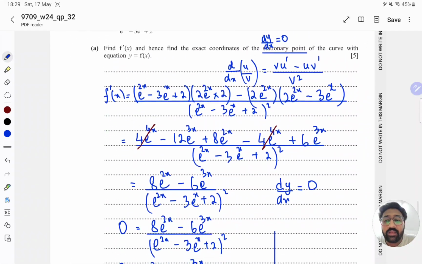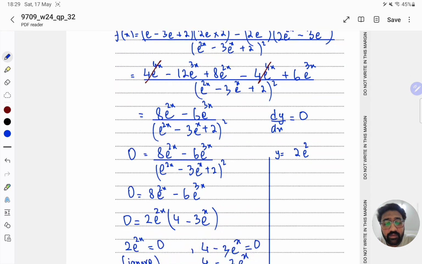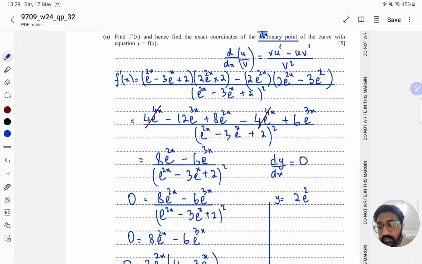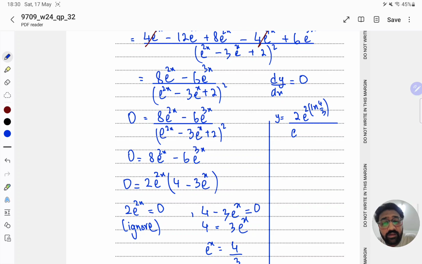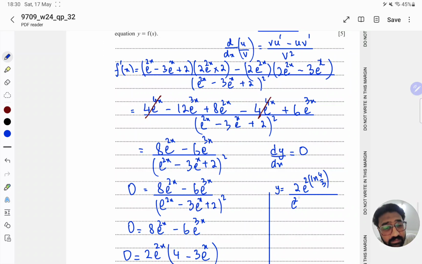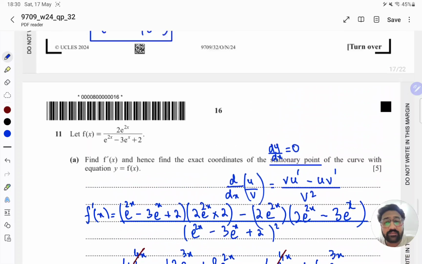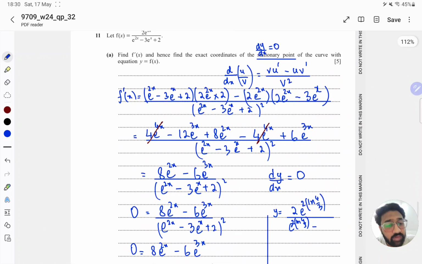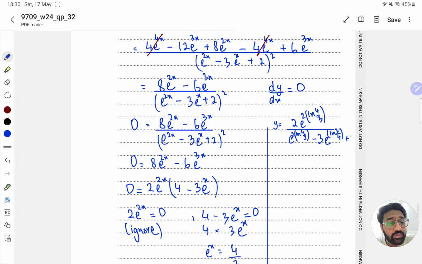To find the y coordinate, y equals 2e^(2 times ln of 4 by 3) divided by e^(2 times ln of 4 by 3) minus 3e^(ln of 4 by 3) plus 2.